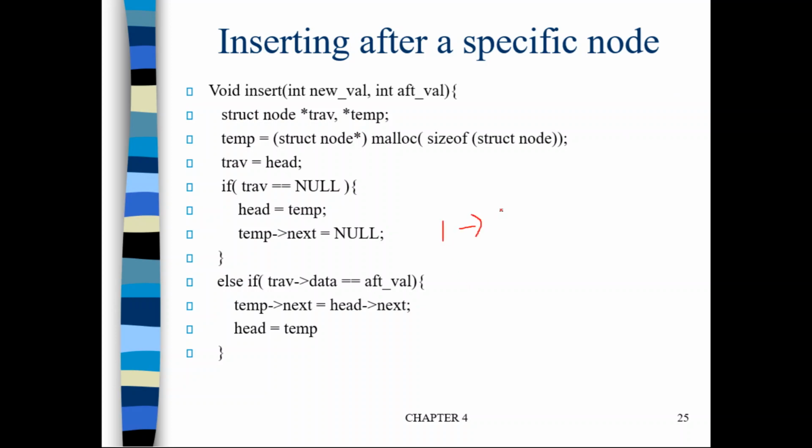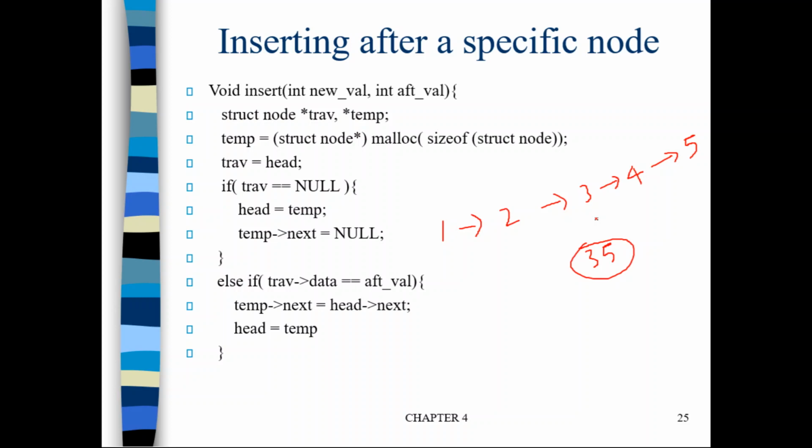First node is pointing to second, second is pointing to third, third is pointing to fourth, fourth is pointing to fifth. Say that now I want to add a new node. Let us assume that the new node's data part contains 35. Say I want to add this new node after the node 3.